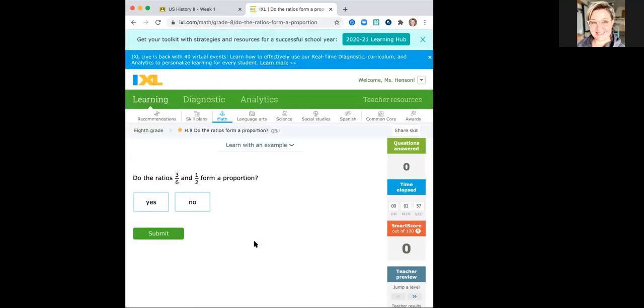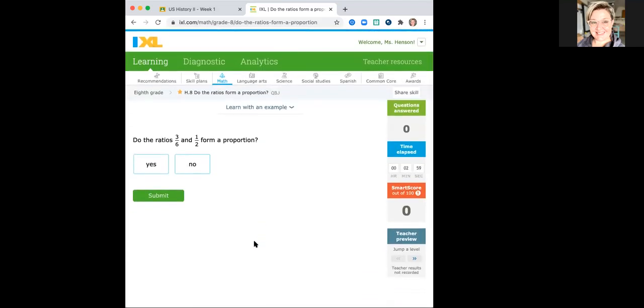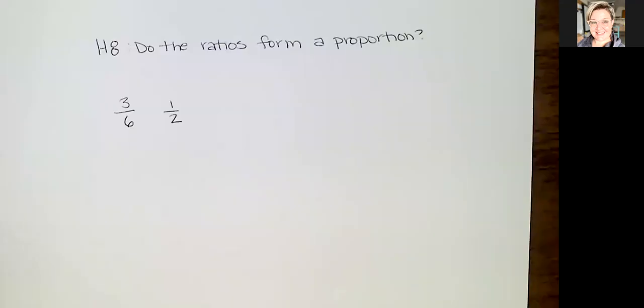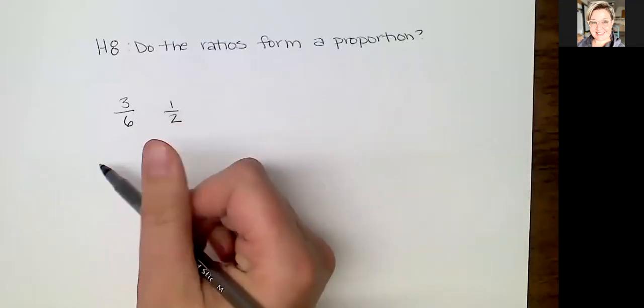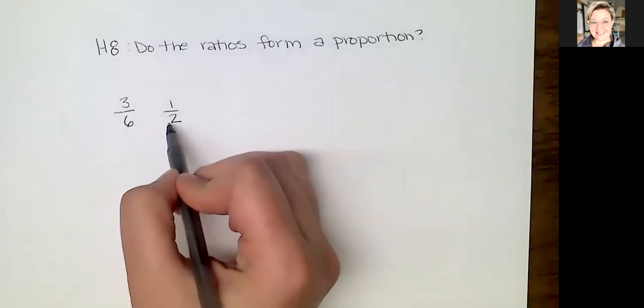Okay, so we're going to look here. Do the ratios 3 over 6 and 1 over 2 form a proportion? I'm going to switch over to my camera so we can look at that together. Okay, so we have the ratios 3 over 6 and 1 over 2.